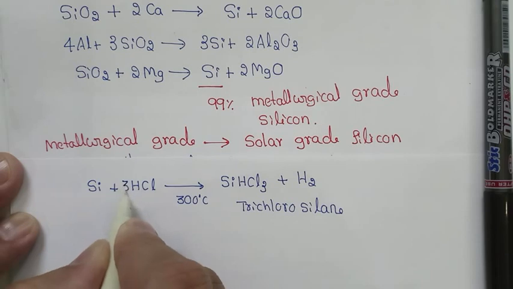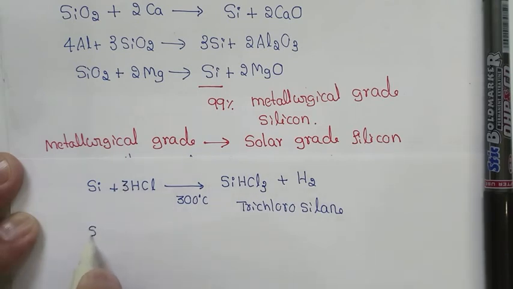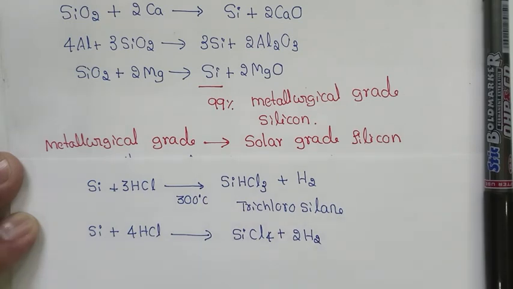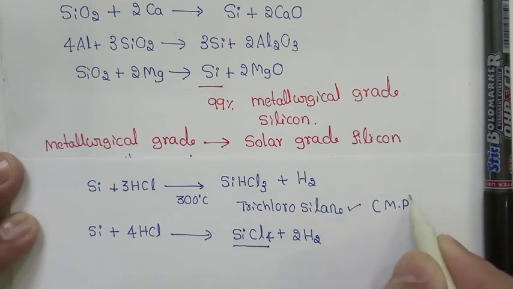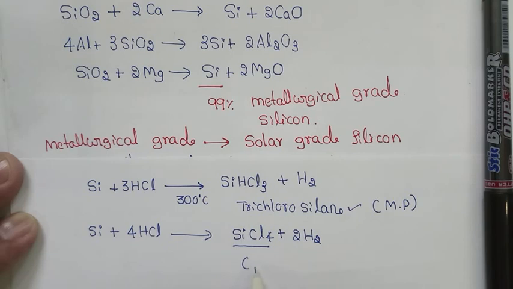Silicon with 4 hydrochloric acid gives silicon tetrachloride plus hydrogen gas. Now a small amount of tetrachlorosilane is also formed. This is the minor product, a small amount, and this is the major one.